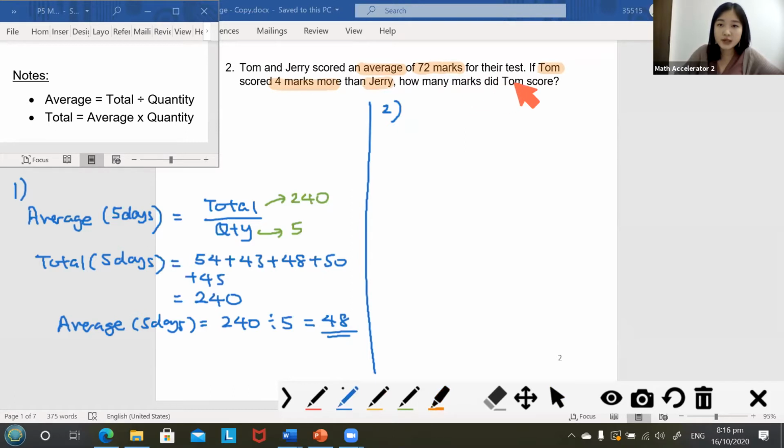How many marks did Tom score? Tom has 4 marks more than Jerry, so let's represent it in the model first. Tom, Jerry. Tom has 4 more, so he has a longer model compared to Jerry, by 4 marks more.